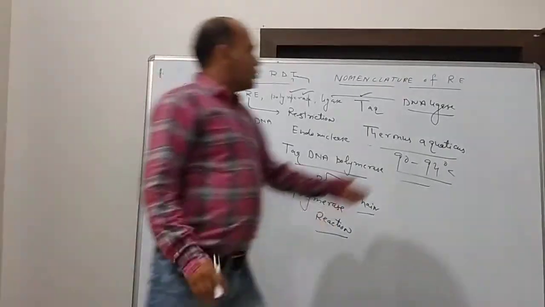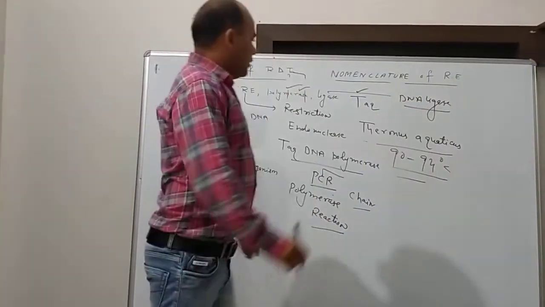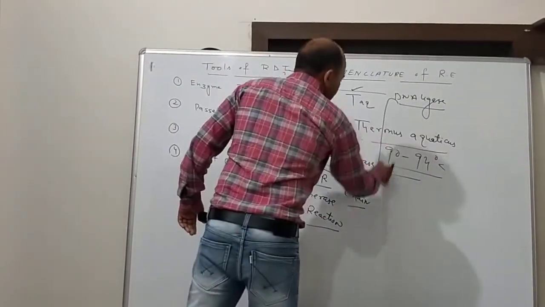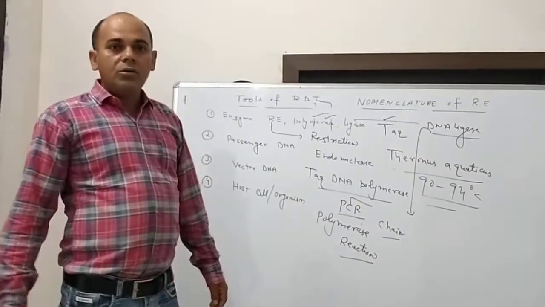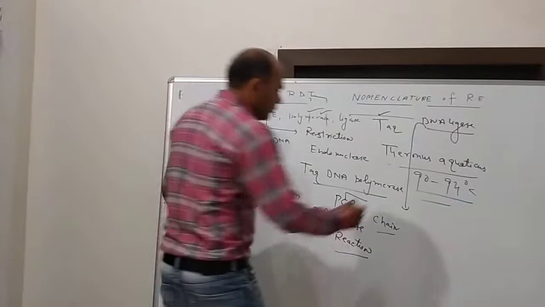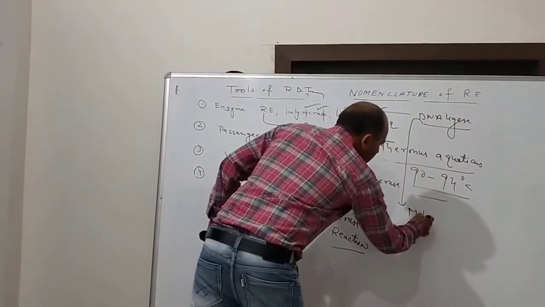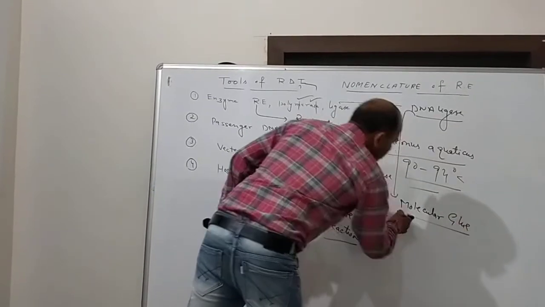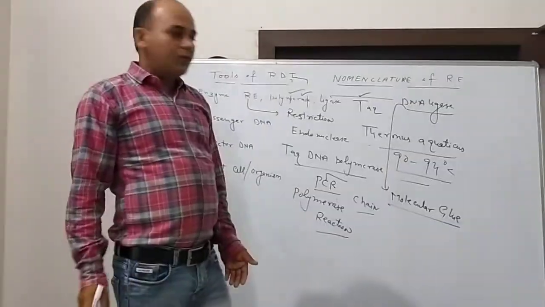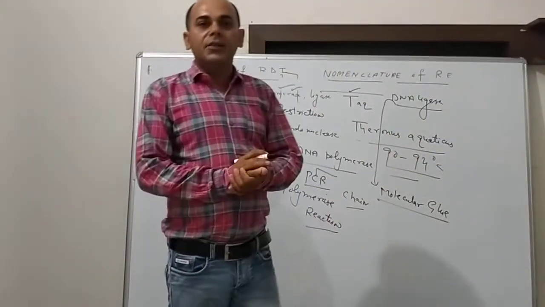That's why this is called ligase. It is also known by another name. In biotechnology, this enzyme is called molecular glue. You know very well the role of glue is to stick anything.